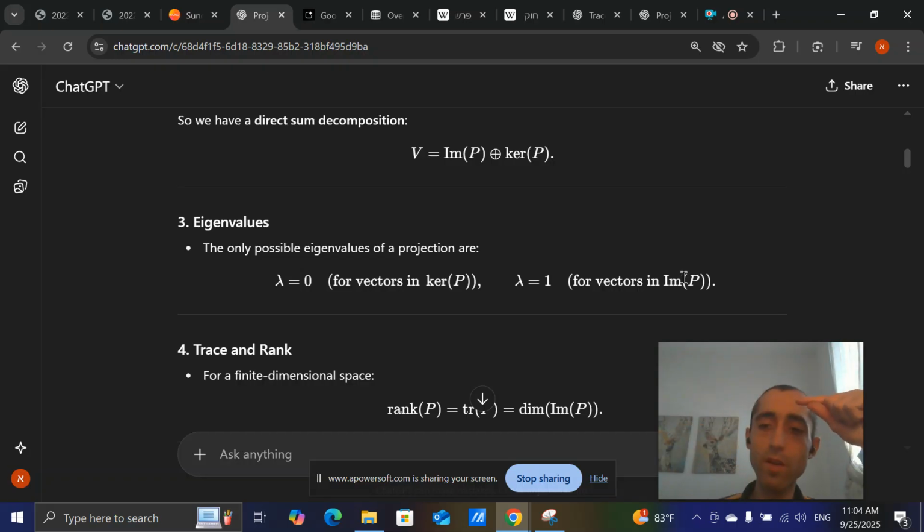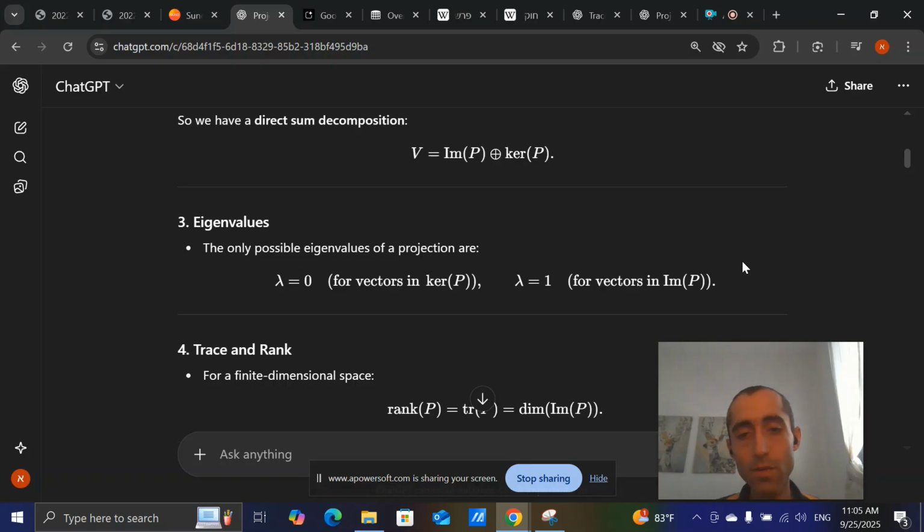You can see that these are the vectors in the image of P. Now think about vectors that are totally perpendicular, not in the space that we want to project to. Let's call it that way.